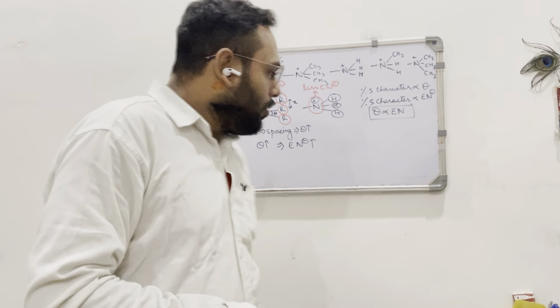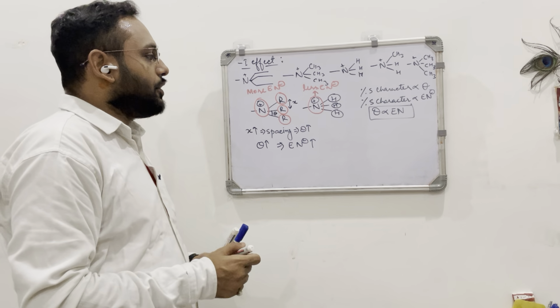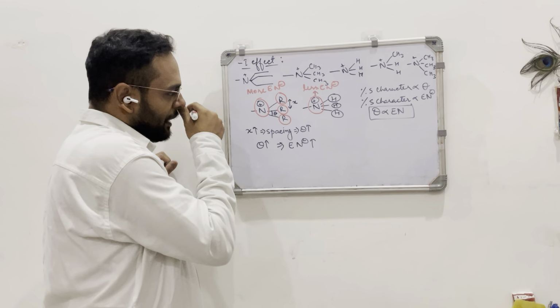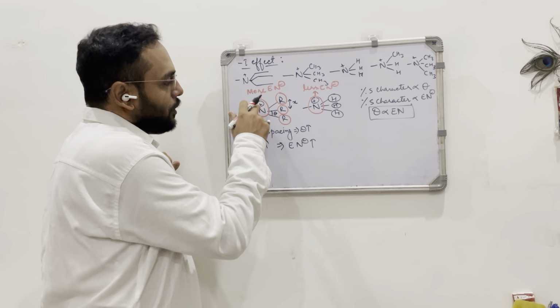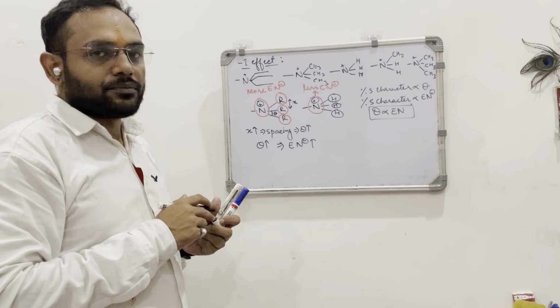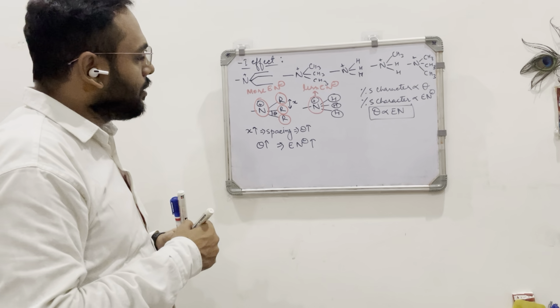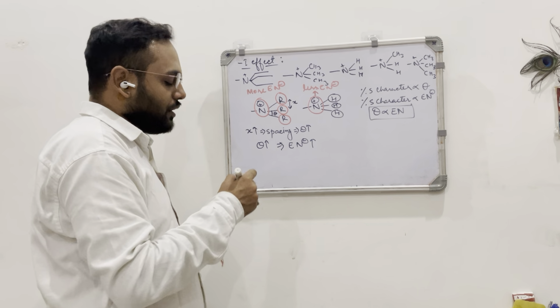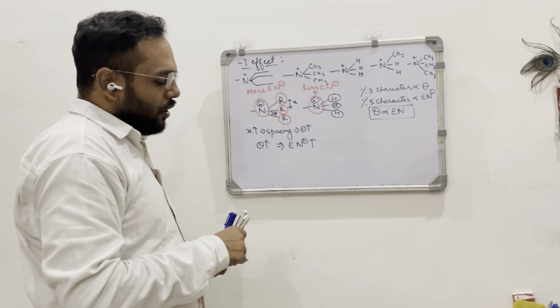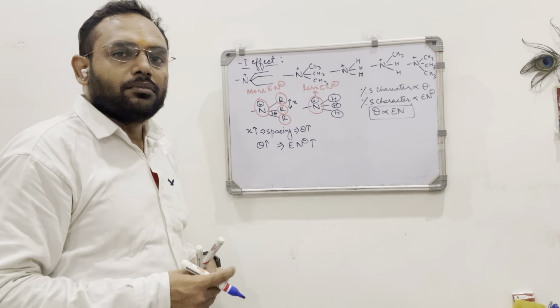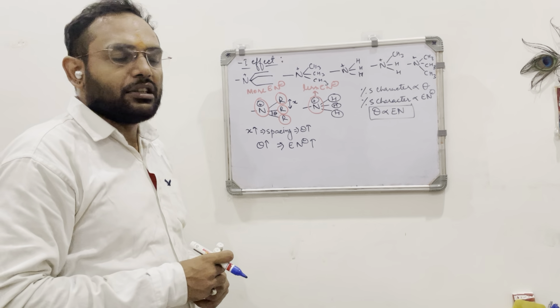Now, what is happening because of this over here? Now you see this nitrogen being more electronegative, and the positive charge on this nitrogen will decrease the stability of this nitrogen. Now we all know one thing, that positive charge on an electronegative atom, more electronegative atom, makes it unstable.